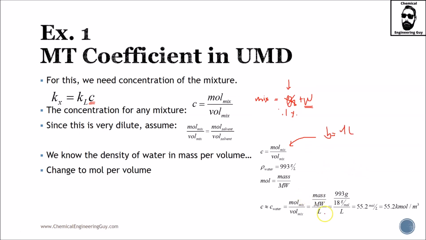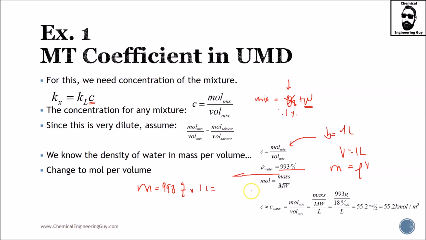So 1 liter in volume. And in mass, I don't know, but I do know that density times volume gives me that. And the density of water at such conditions is 993 grams per liter. So I will calculate the mass: density is 993 grams per liter times 1 liter.